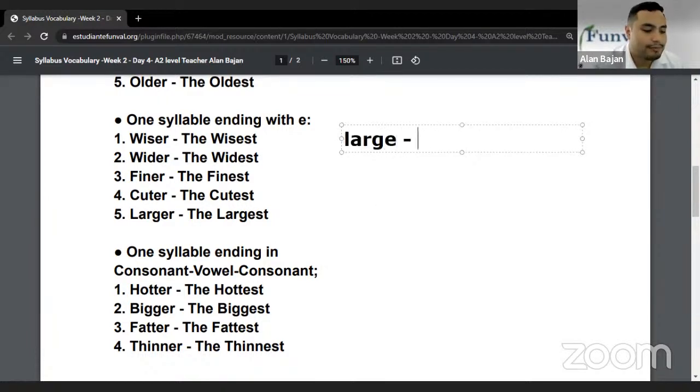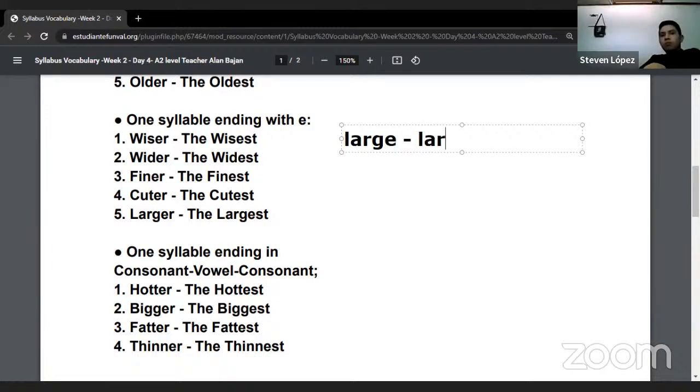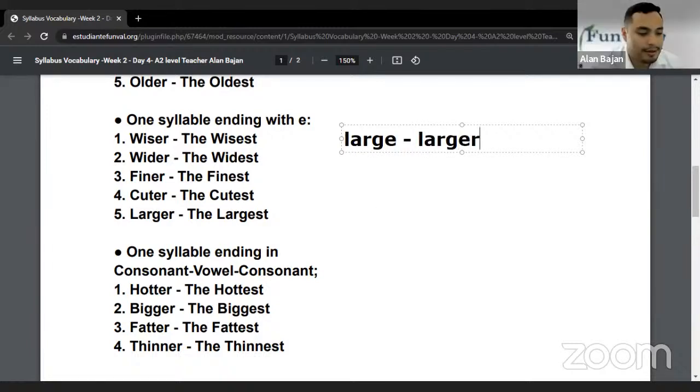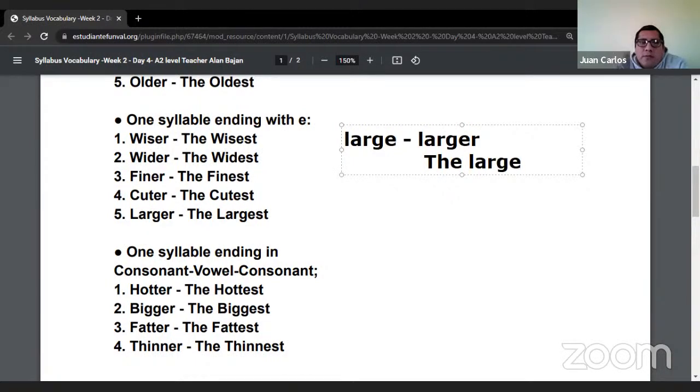What is the comparative of large, class? Larger. I only add the R. What about the superlative? Largest. Yes. That's the rule. Is that clear?